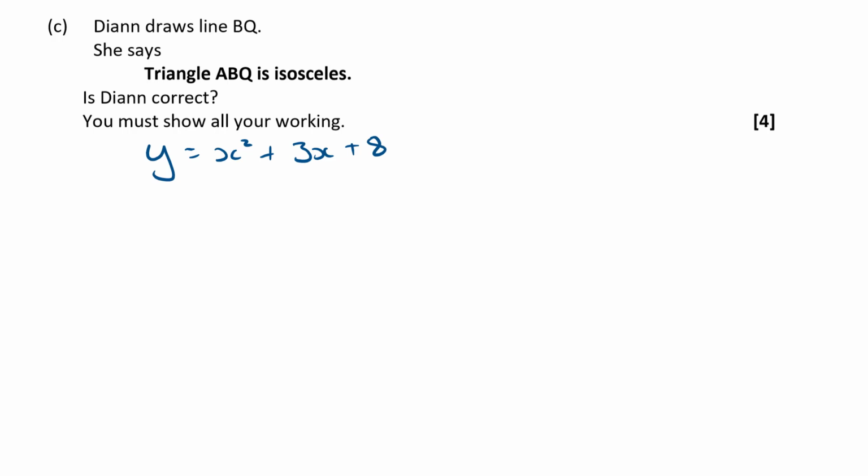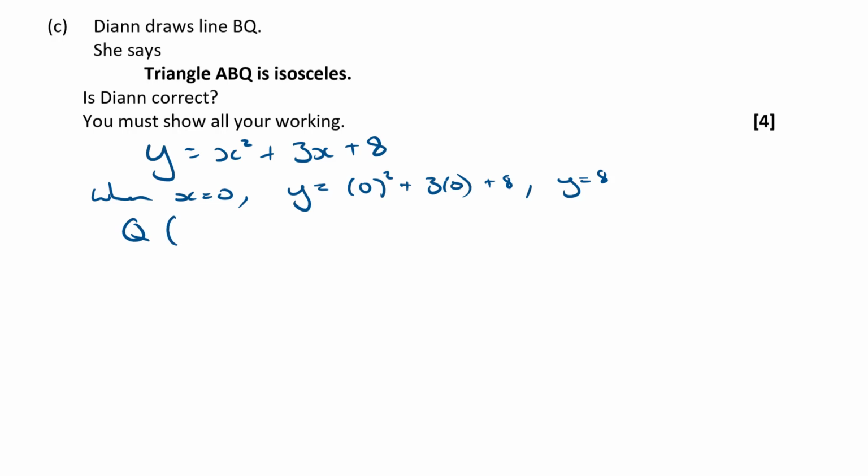So when x equals 0, that's going to be equal to 0 squared plus 3 lots of 0 plus 8. In other words, y is equal to 8. And so Q then has coordinates 0, 8. Okay? So let's quickly just draw that triangle again.